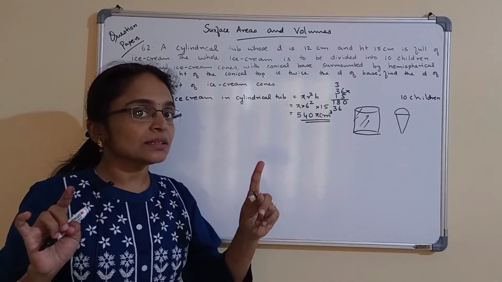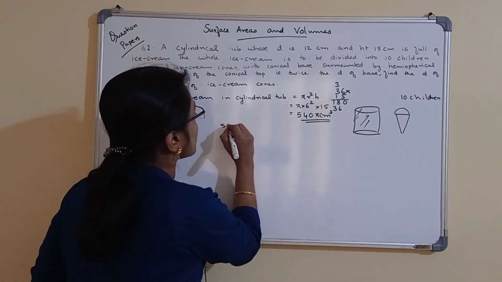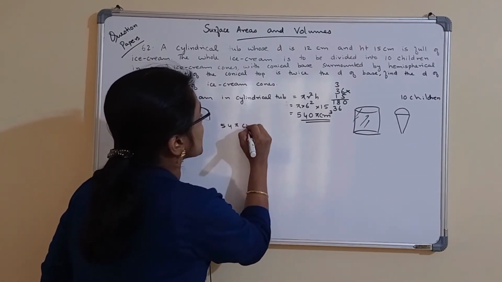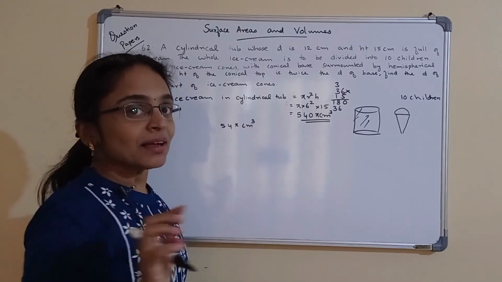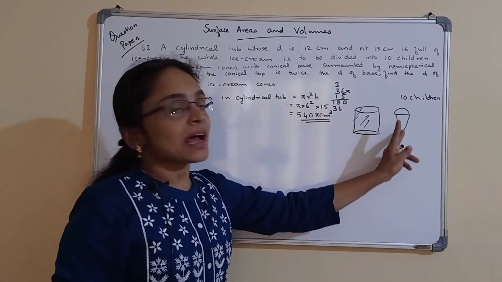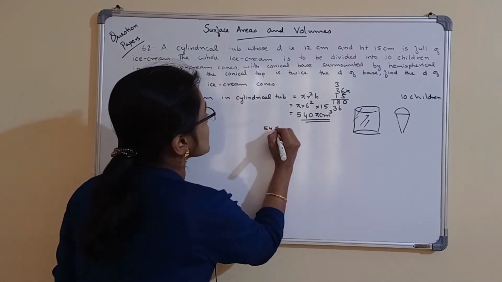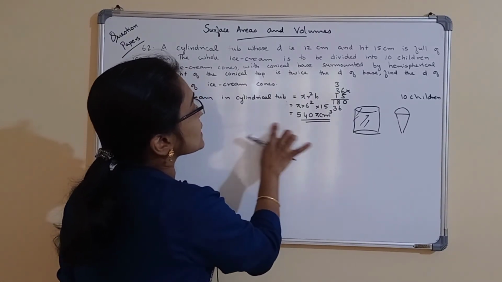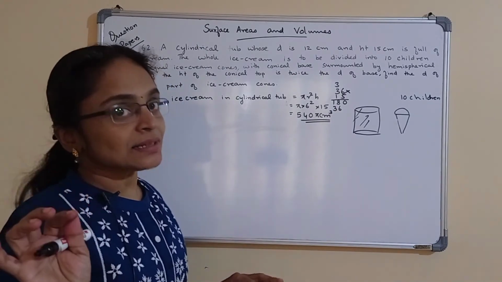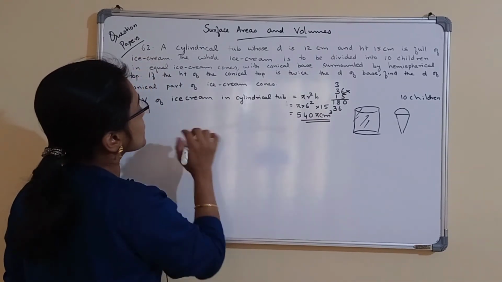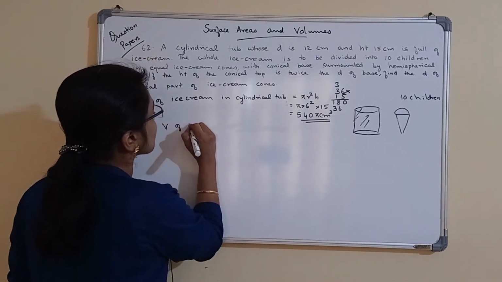So one child will get 54 pi centimeter cube of ice cream, right? And volume of this ice cream cone will be equal to 54 pi, that is the volume that a child gets, isn't it?